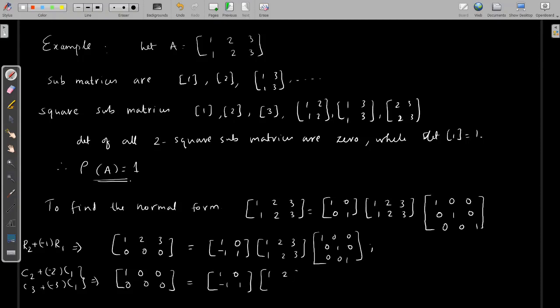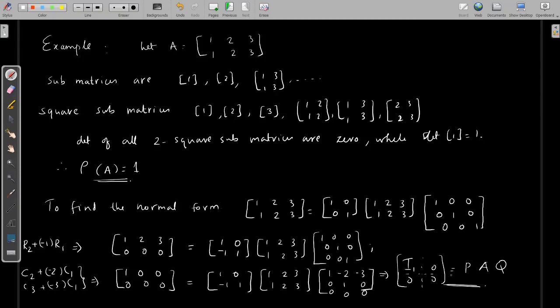So we need to perform the same elementary operations on the post identity matrix of the RHS. So that will give 1, 2, 3, 0, 1, 0, 0, 0, 1. The LHS can be written as I1 0, 0, 0. This is the representation of the LHS. Then the RHS is PAQ.